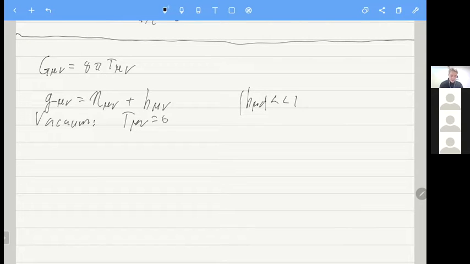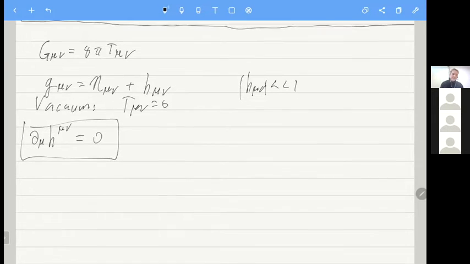And we are also free to choose the gauge for this metric. And typically what people do is they choose a gauge in which this holds. So this is the so-called Lorentz gauge.